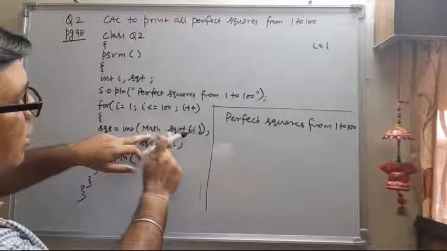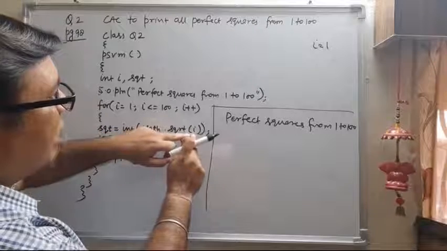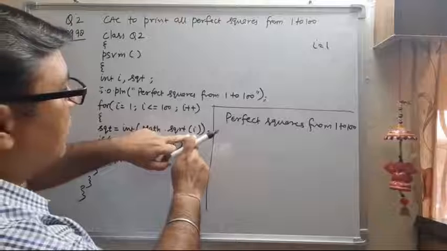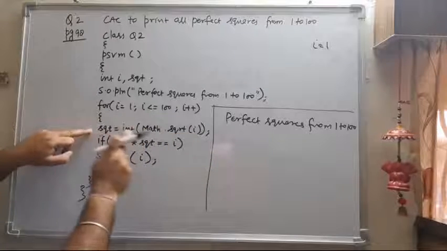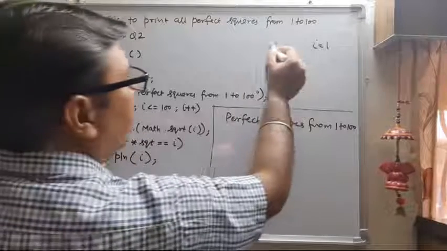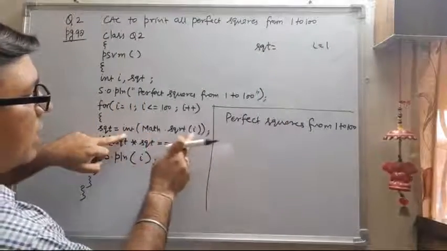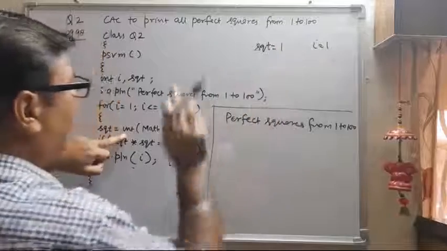So Math.sqrt of i means the square root of the number 1. That will be stored in the variable sqt, and we will find the integer of that number. So the value of sqt will be Math.sqrt of i, that is 1. The square root of 1 is 1.